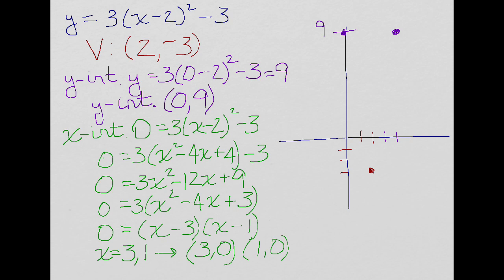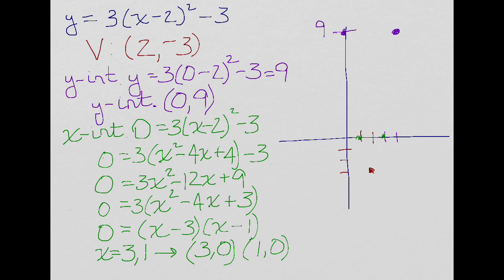So 3, 0, right there. 1, 0, right there. Now I have really more points than we need. And we've found about everything that we need to know in order to graph this parabola.